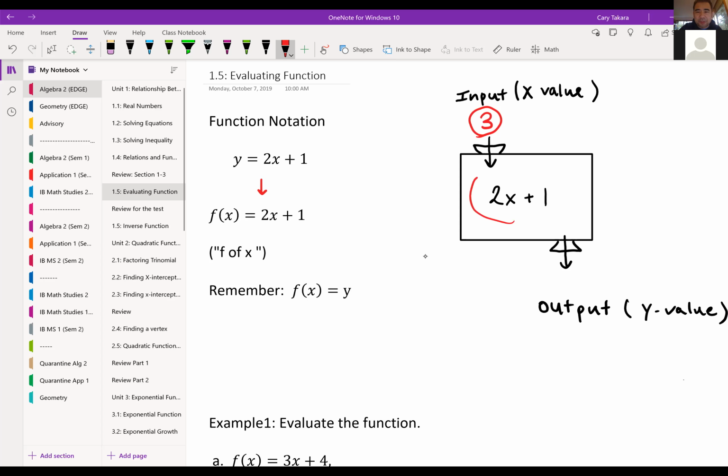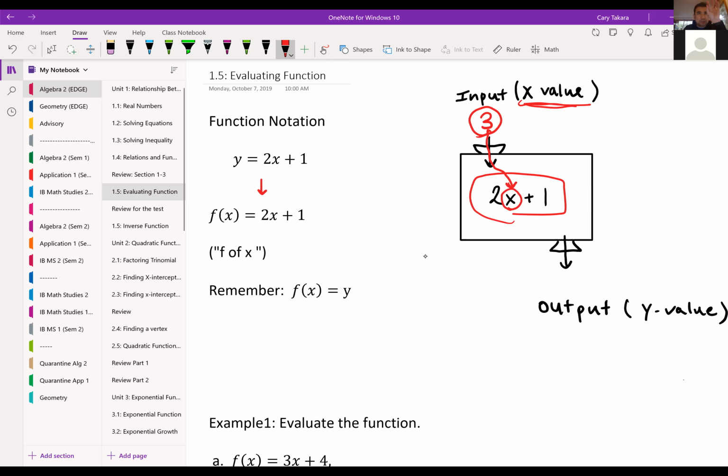And the programming for this function is 2x plus 1. When you put in 3, whatever you put in will take the place of x, because input is an x value. So if I put 3, the 3 will take the place of the x. So the x will become 3.